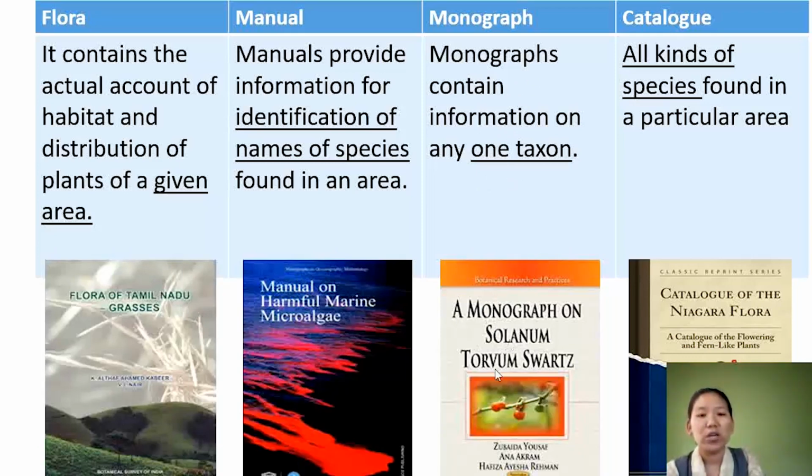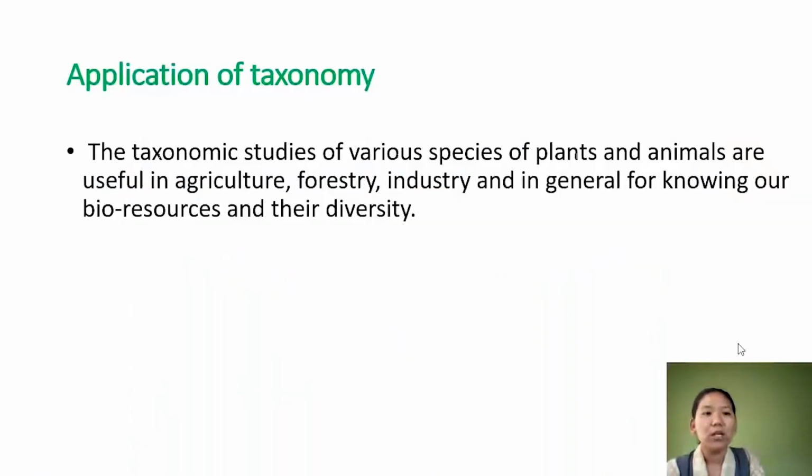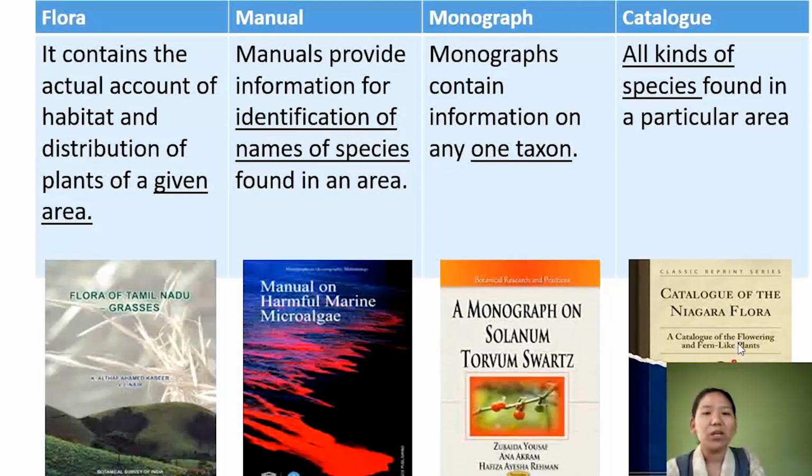So here the taxon is Solanum torvum. Next is catalog. A catalog is a book where the different species found in a particular area are listed, and a little description may also be there. So these are the different taxonomical aids which help in taxonomical studies.